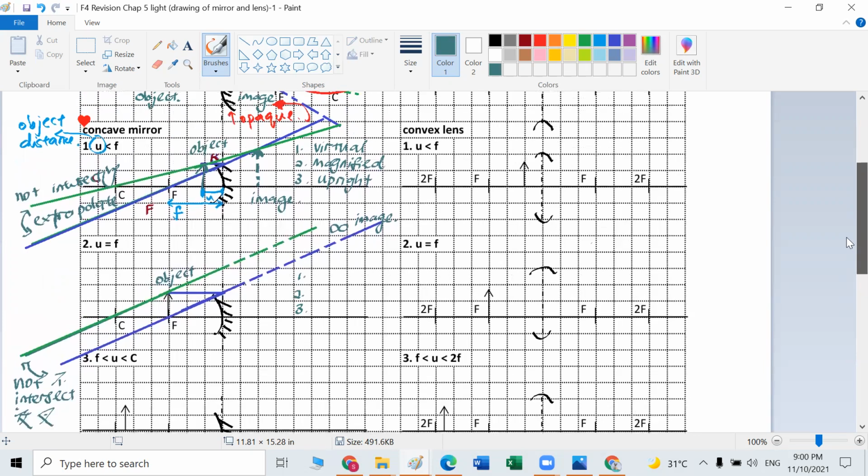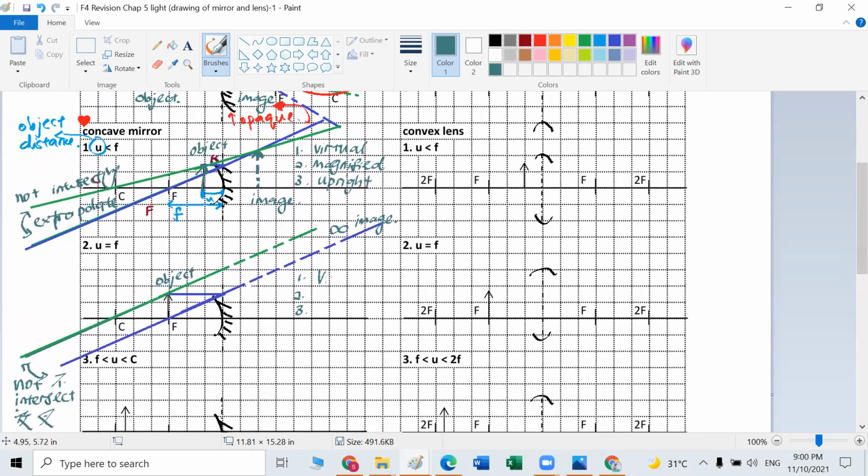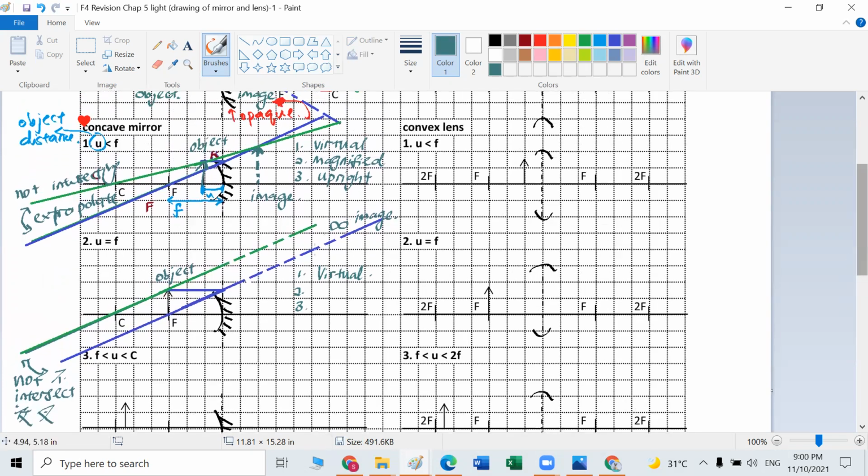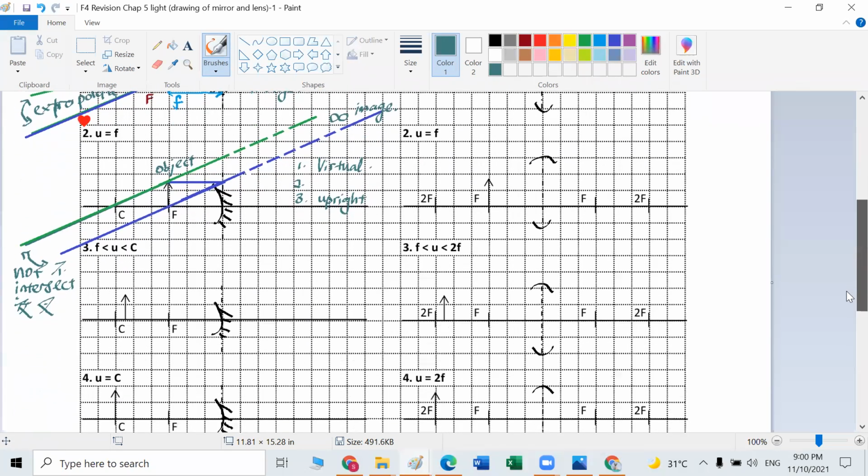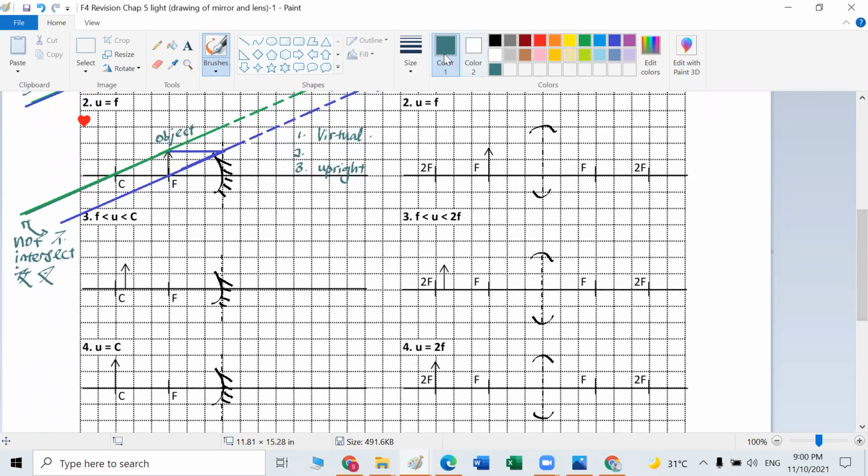But for sure it's virtual because it forms behind mirror. Supposedly we cannot see the image behind the mirror. And normally when it is virtual, it is upright. Sure, virtual is upright. But it's magnified or diminished, we leave it first. Next.